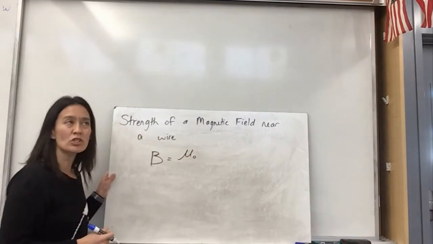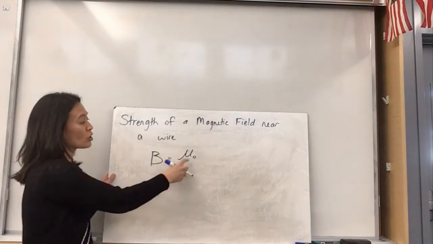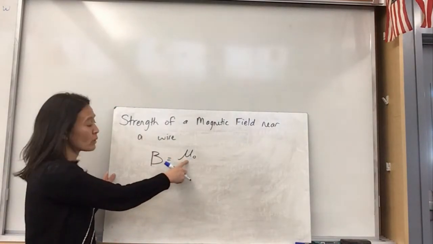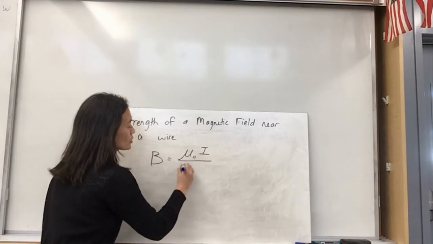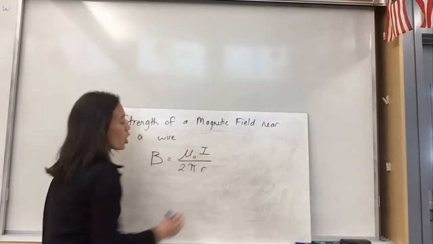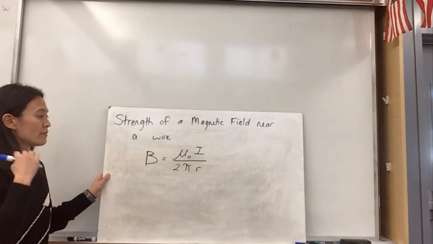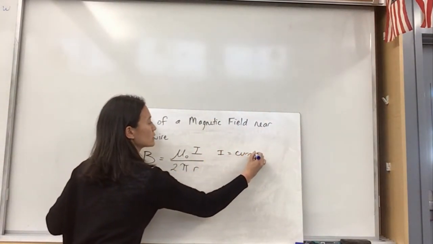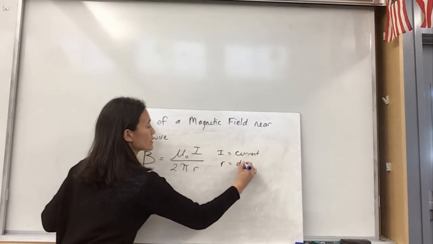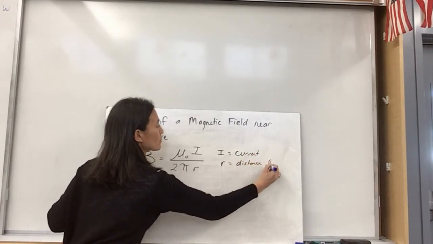Mu is similar to our coefficient of friction and our metric prefix of micro. So B equals mu naught times I over 2 pi r. What the variables are: I is just the current, and r is the distance from the wire.